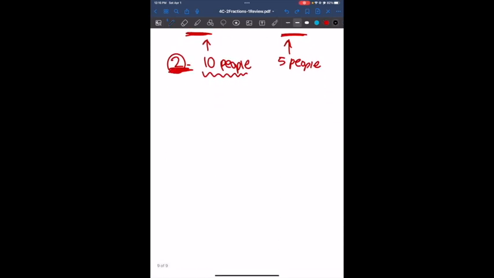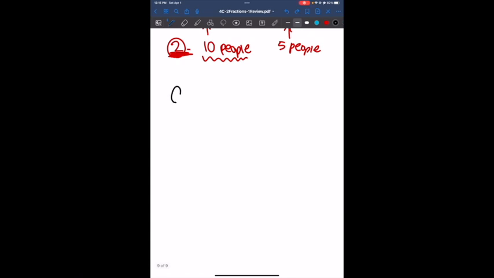But what happens if it's the opposite? What happens when the numerator, the number on top, is the same, but the denominator is different? Well, let's say that b is greater than d. In this case, the fraction with the smaller denominator is going to be larger. d is the smaller denominator, so the fraction a over d is going to be larger.